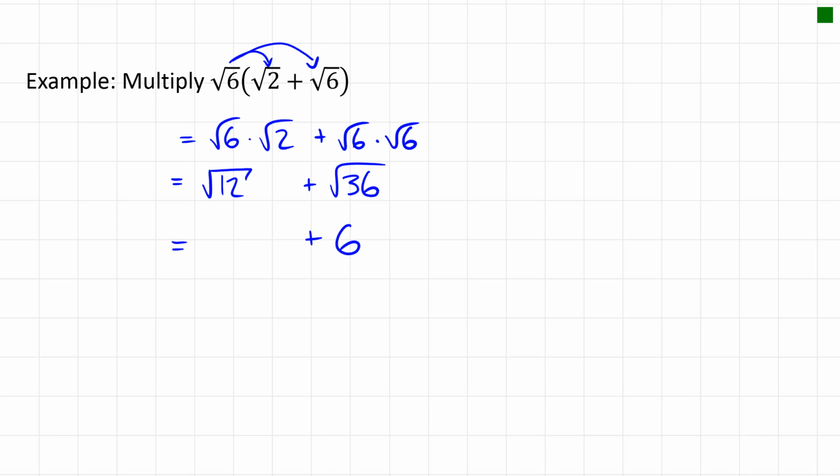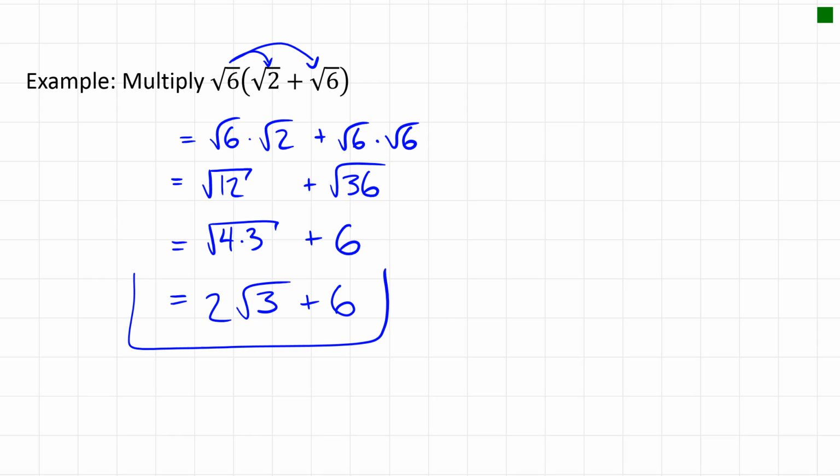And in the case of the square root of 12, 12 has a perfect square in it, so we can simplify that radical. 12 I'm going to write as 4 times 3, and the square root of 4 is 2. And that leaves me with 3 left over in the radical, plus 6. So there is my multiplied and then simplified radicals.